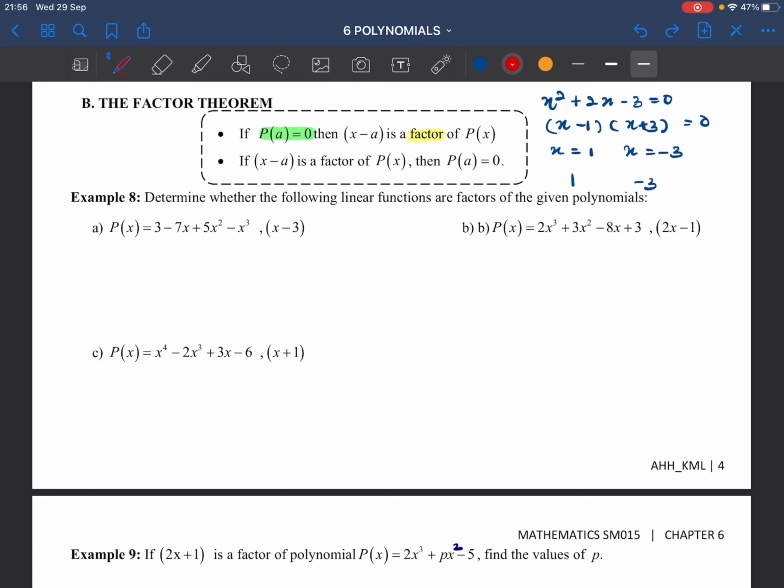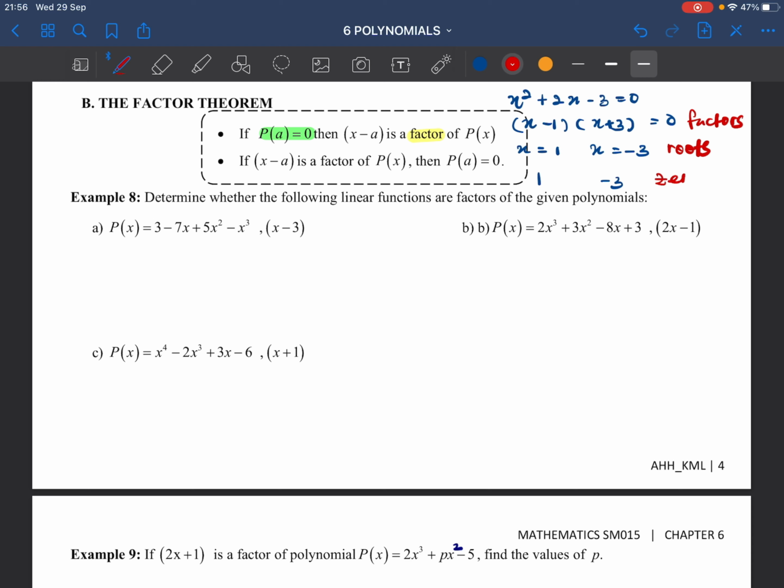This one here, x minus 1, x plus 3, we call it as factors. x equals to 1, x equals to negative 3, we call it as roots. And 1, negative 3 without x dekat situ, kita panggil dia sebagai zeros. Okay, so both of these kita akan belajar in the next part. So kita akan fokus dekat factors dekat sini.